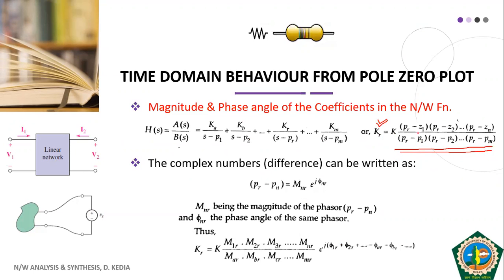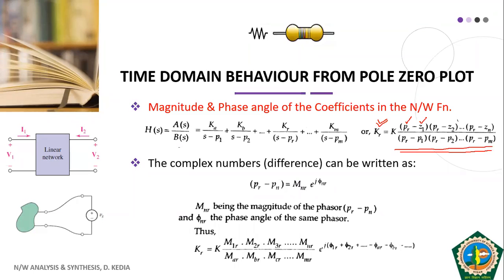Students, first observe that in pr minus z1, p is a root, z is also a root. We are assuming for the generalized case that these roots could be complex numbers. So your poles are also complex numbers and your zeros are also complex numbers, and real numbers are special cases of complex numbers.